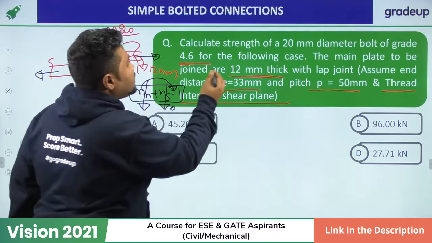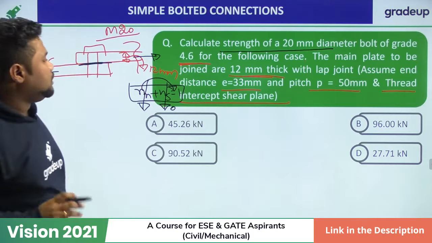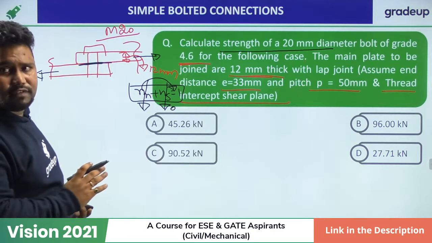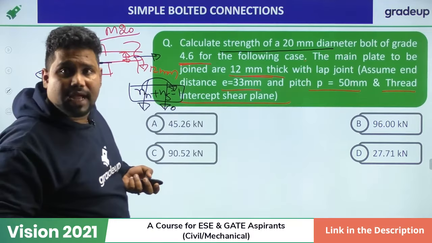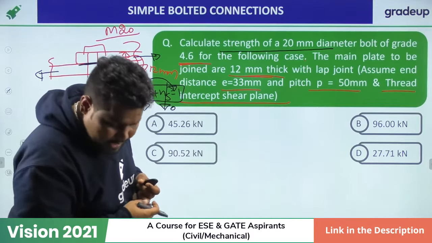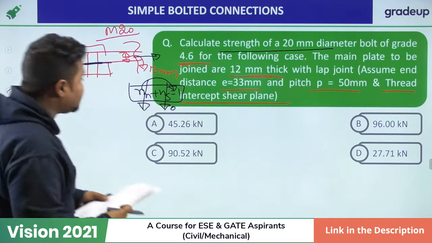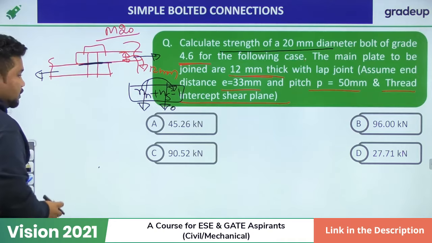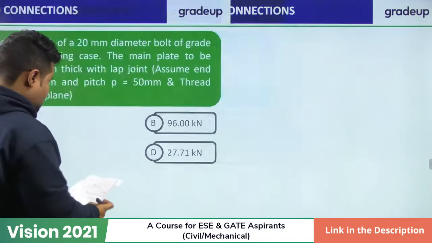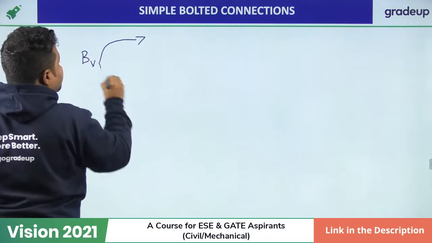So here they are expecting the strength of the M20 bolt, so they are expecting the design strength. If it is generally mentioned as strength, you need to work out the design strength. Some people have already given the answer as A, Jainamsha. If you expect me to give the answer, yes, of course the answer is A directly. If you expect me to solve this, they are expecting the bolt value in shear mode.